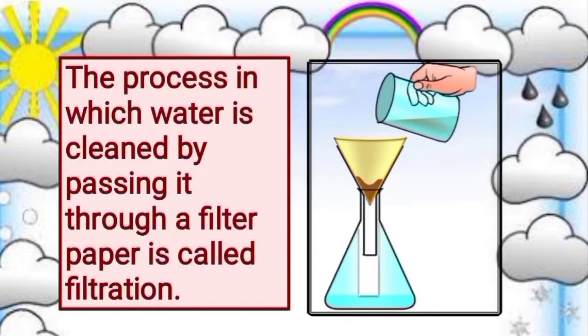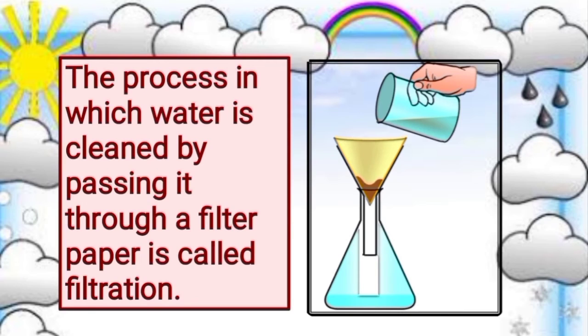Filtration is another method of purifying water. In filtration, a solution containing an insoluble substance is passed through a filter paper, and on doing so, the liquid passes through the filter paper while the insoluble substance gets retained on the filter paper.